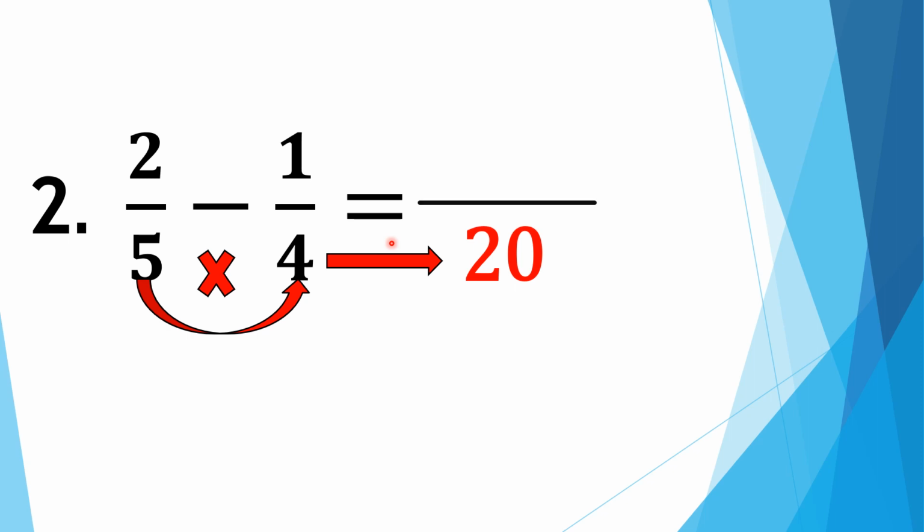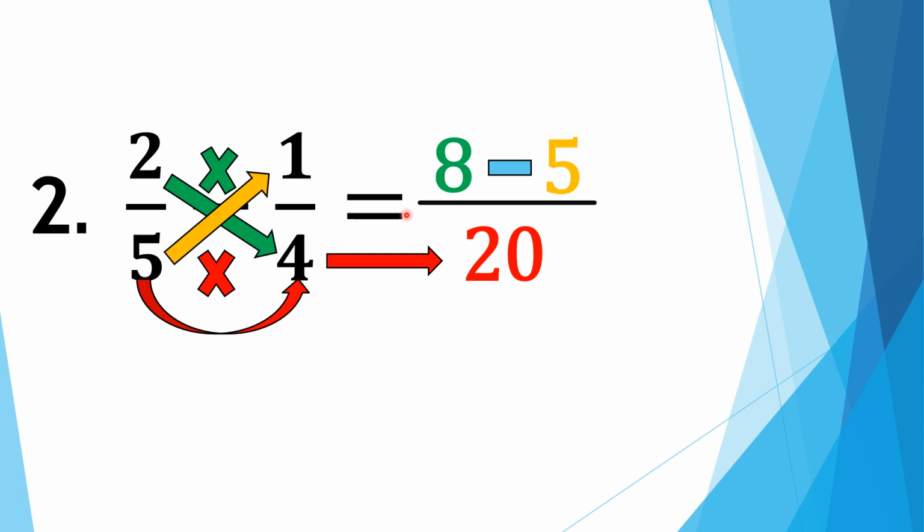Then cross multiply. 2 times 4 is equal to 8 minus 5 times 1 is equal to 5. Then subtract 8 minus 5 is equal to 3. Then copy the denominator, 20. 2/5 minus 1/4 is equal to 3 over 20.